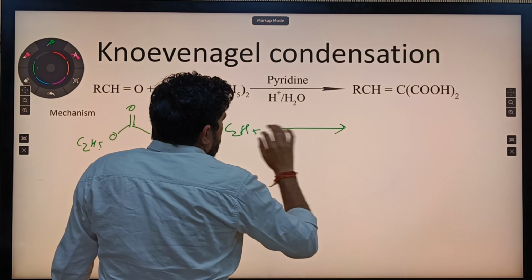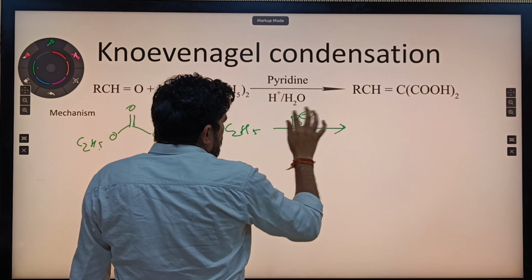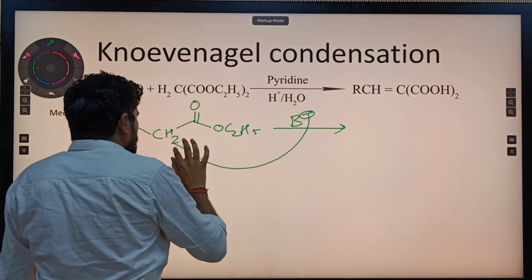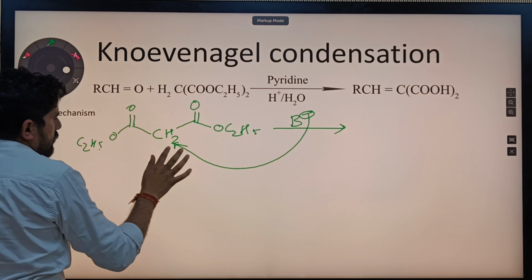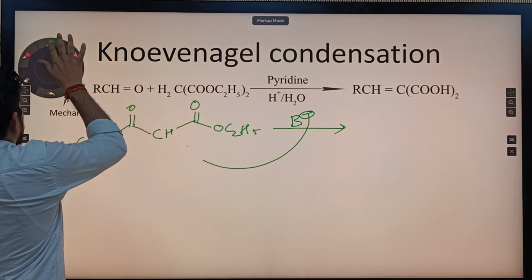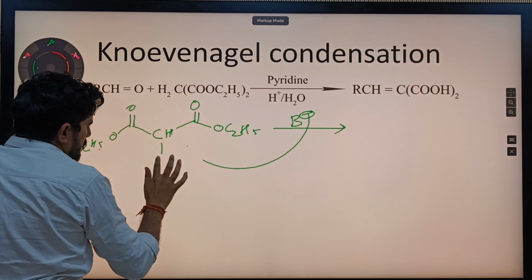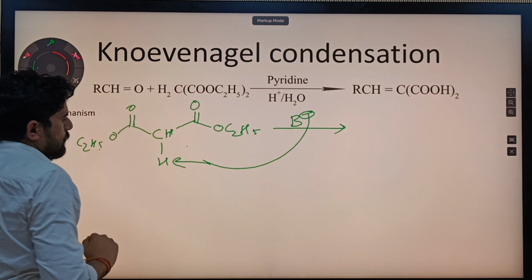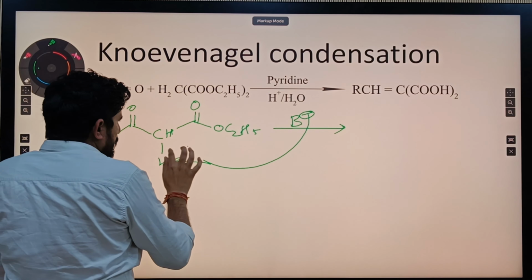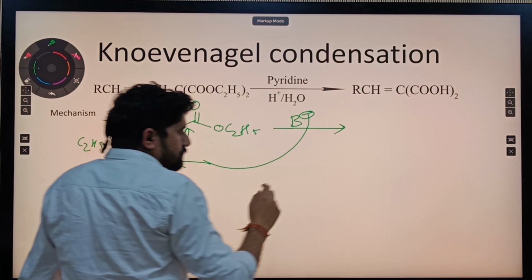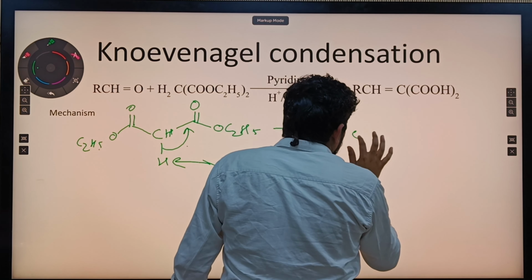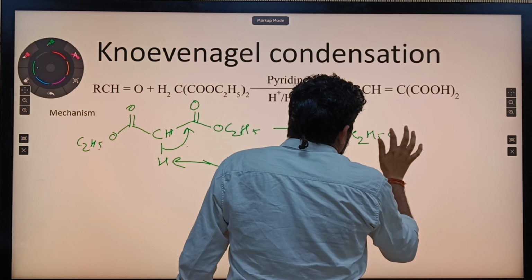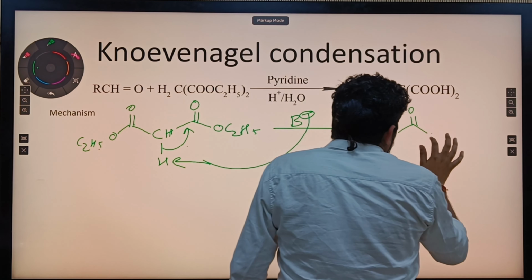In the presence of pyridine, a weak base, it extracts a proton from the most acidic site, or I am going to show it like this. It extracts a proton from the most acidic site, and we have an enolate. We have an enolate in this reaction, O negative.